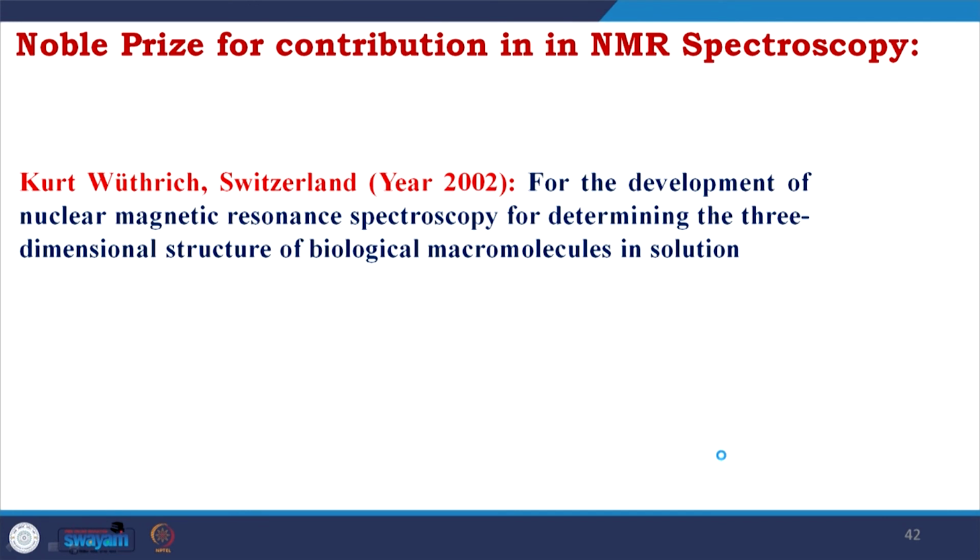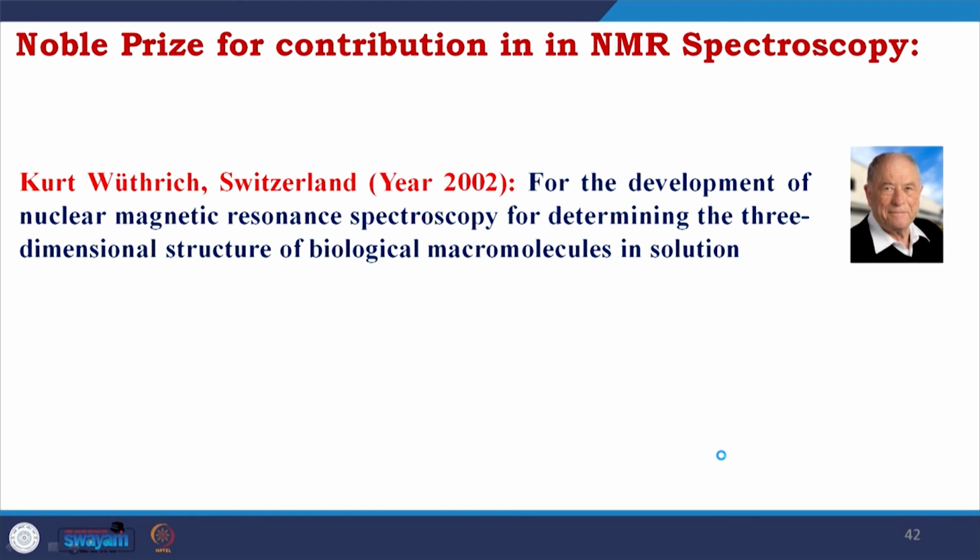Kurt Wüthrich from Switzerland, I already talked about his contribution, for the development of nuclear magnetic resonance spectroscopy for determining the three-dimensional structure of biological macromolecules in solution. As I talked earlier, he is the first one, or in the group of people, who first solved the structure of a protein using the NMR technique.